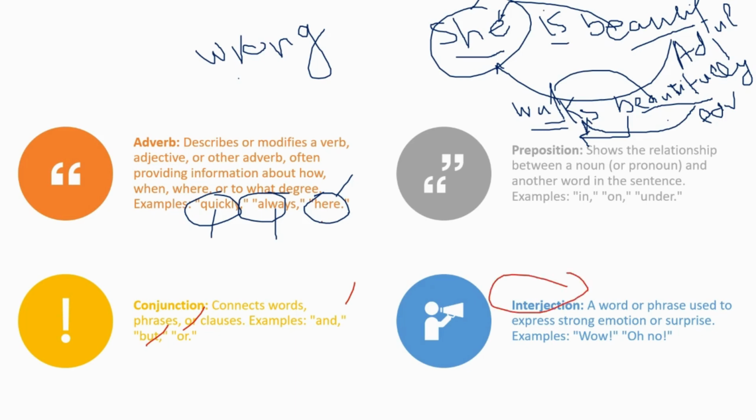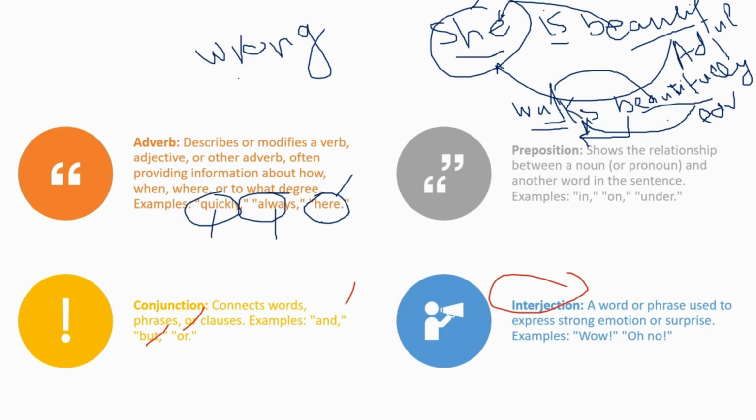Interjection. A word or phrase used to express strong emotions or surprise. These emotions may be pleasure or surprise, as a result of some positive or negative reaction. For example, wow, what a lovely scene. Oh no, again lost.